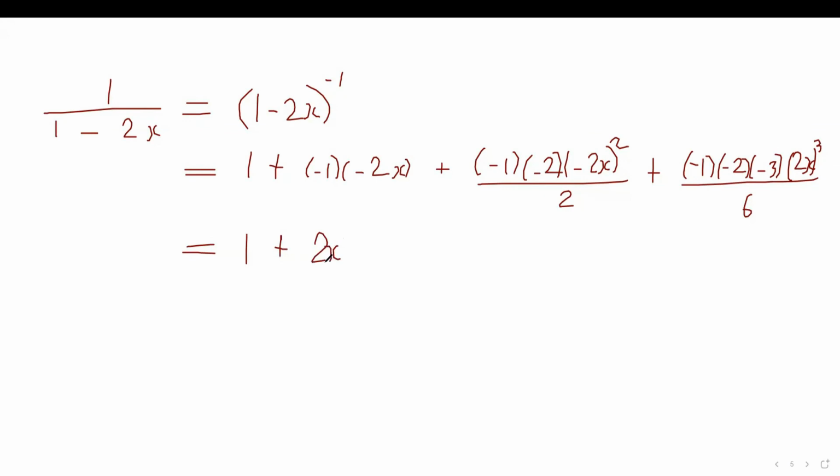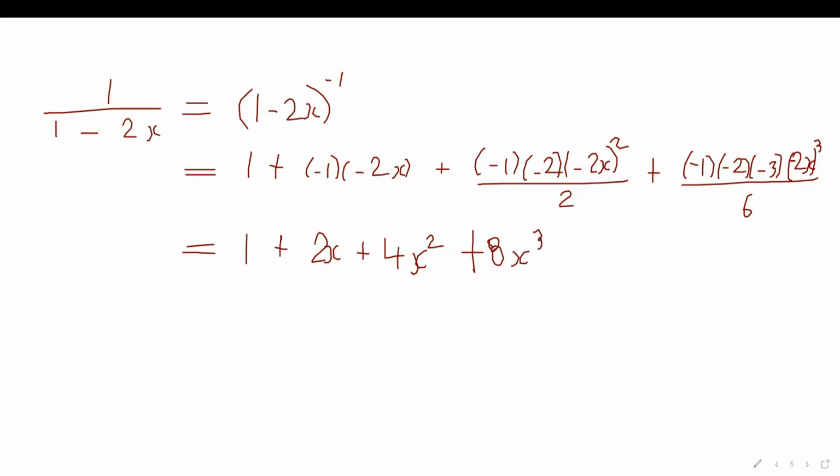Then this part is going to now be minus, or minus is plus 2, cancel the 2, minus 2x squared, that is 4x squared. 1 plus 2x plus 4x squared. This now is minus 2 here, so all of this becomes positive. The 6 cancels out the 6. So we get 2 cubed is 8, so we get plus 8x cubed.